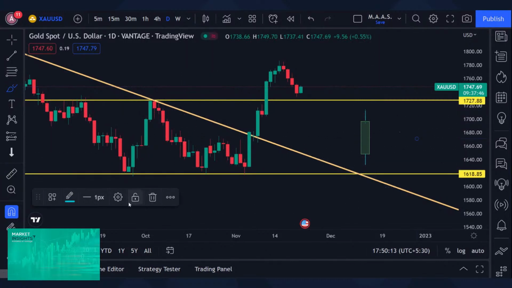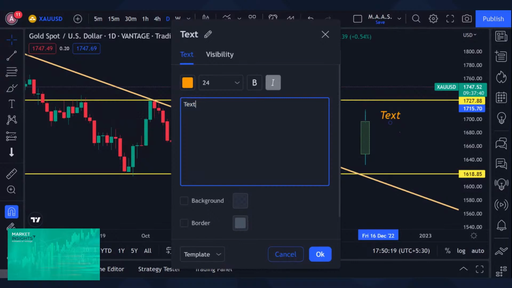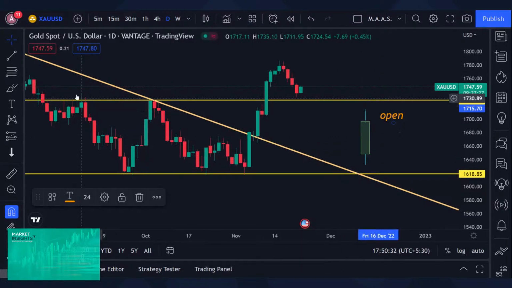So what does it signify? If you're understanding all this, what does it signify? That is the important thing. It signifies the very fundamental thing, that is the OHLC data. What is OHLC?